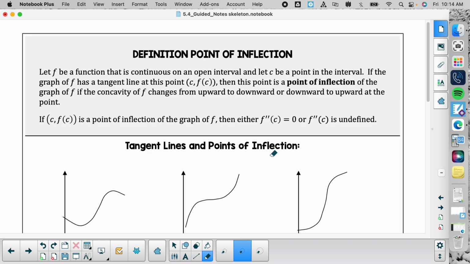Okay, so an inflection point has an actual criteria it has to meet to be called one. What is that? If it's a point of inflection on the graph, then either the second derivative of C equals 0, or the second derivative of C is undefined.